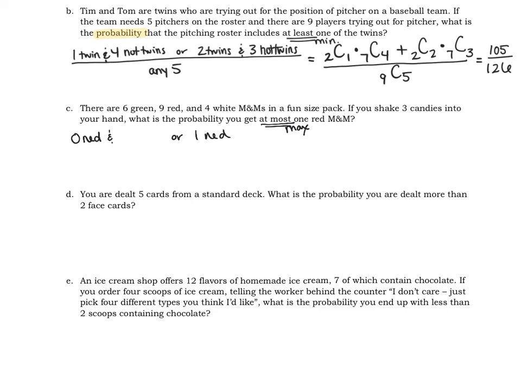We would just need 3 M&Ms that are not red. And if we get a red, that would also mean we have 2 M&Ms in our hands that are not red. And the denominator is how many ways we can get any 3 M&Ms to come out of the bag. So again, pause the video, work through this one with the combinations, do D and E as well, and then restart the video and see how you did.